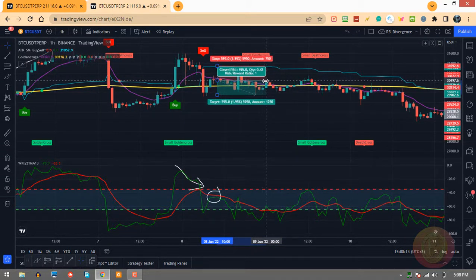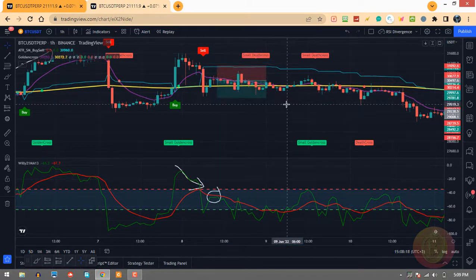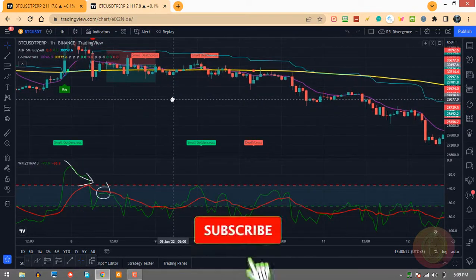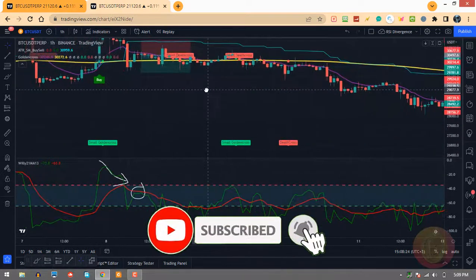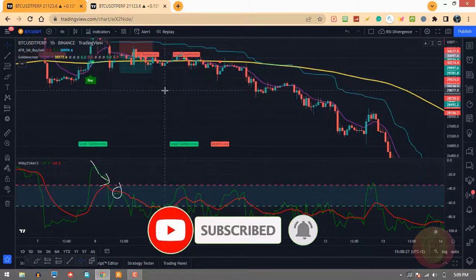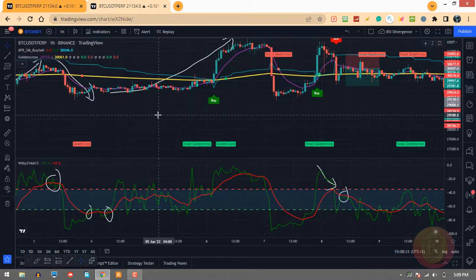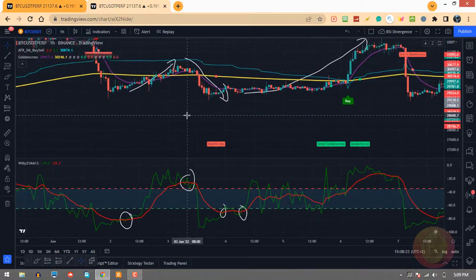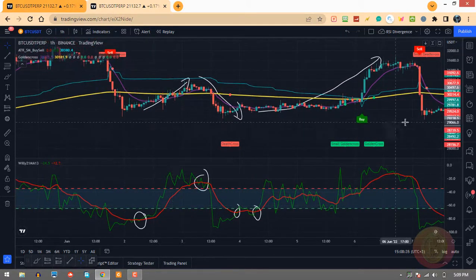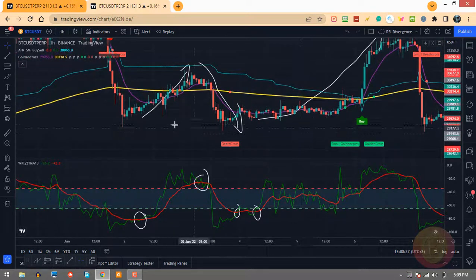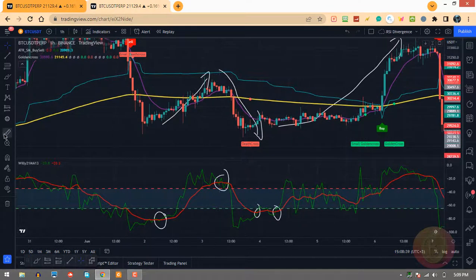The opposite is true also. Whenever green cuts above red, and both are in the shaded area, then this is the Bitcoin latest dump. I will not give an example of that because that is an obvious pattern, so we will discuss it later with this strategy.